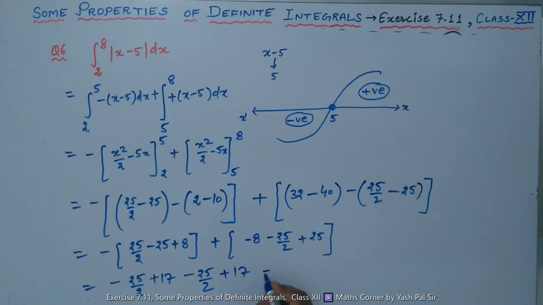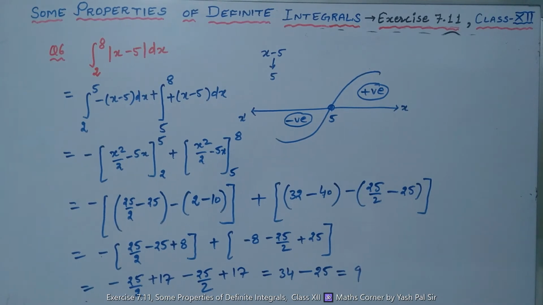So this way 17 plus 17 is 34 minus 25. The answer is 34 minus 25 equal to 9. Now coming to the next question of the exercise.